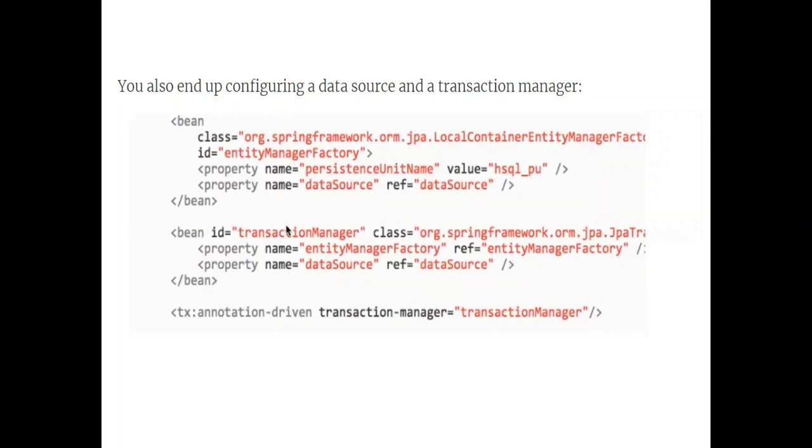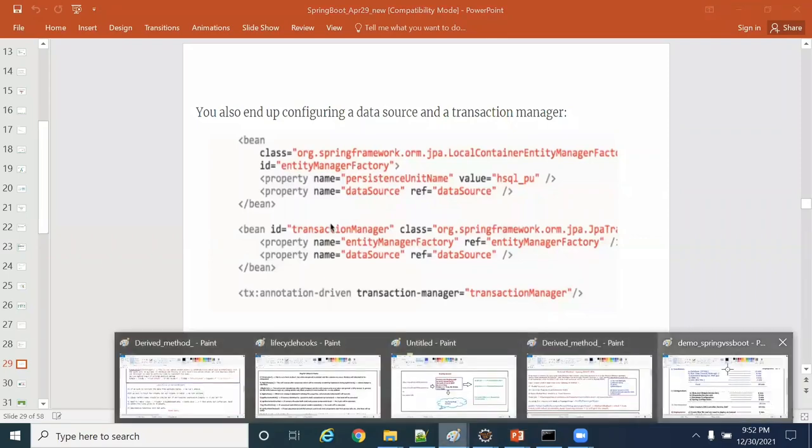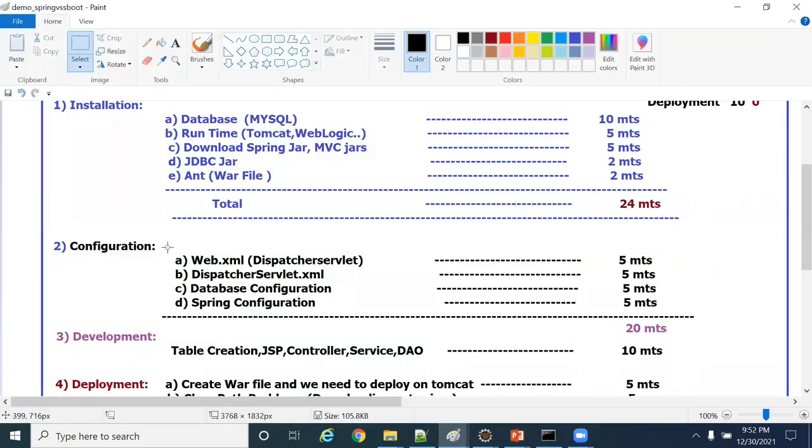Where is your data source? We need to load the entity manager factory, the data source, and the transaction manager. Completely these settings we need to write as part of configuration, like web.xml configuration, dispatcher servlet configuration, database configuration, Spring configuration. All configuration is going to take only 10 minutes.